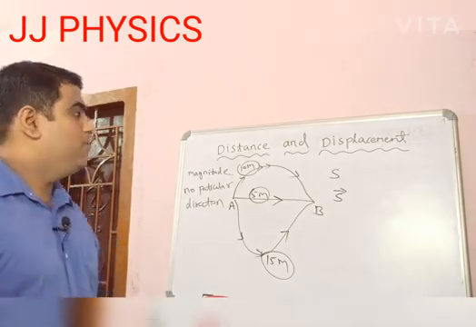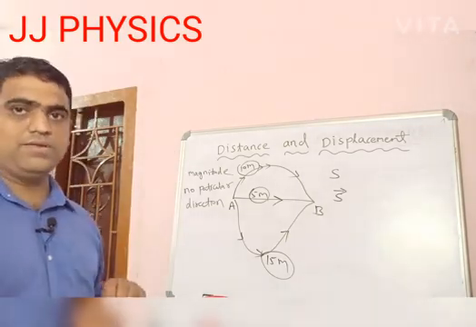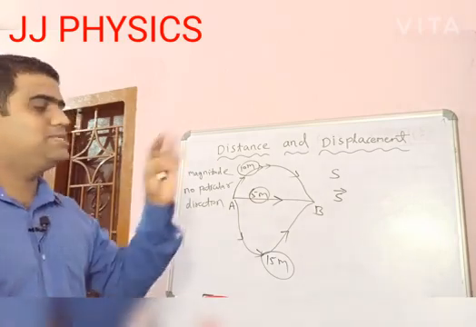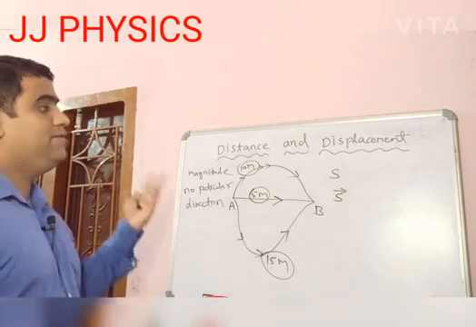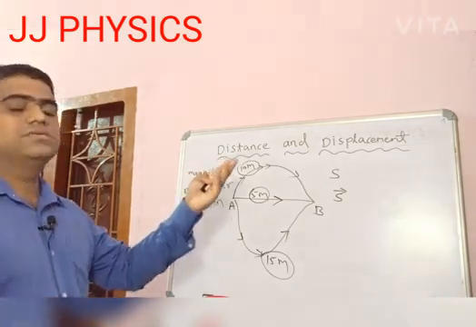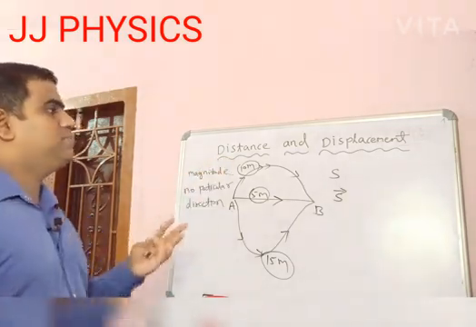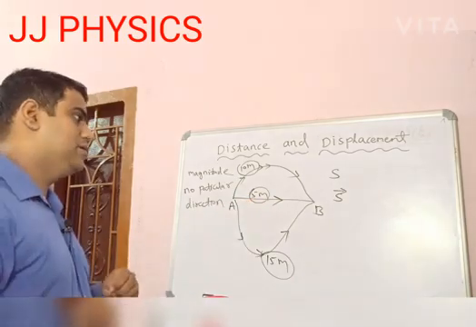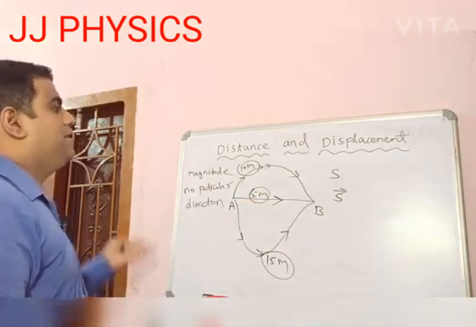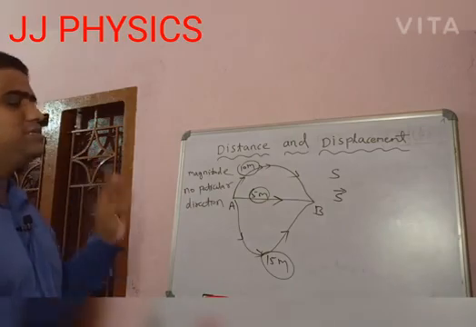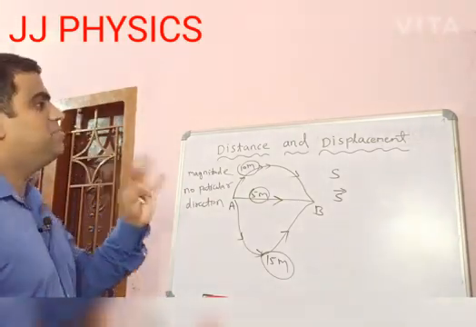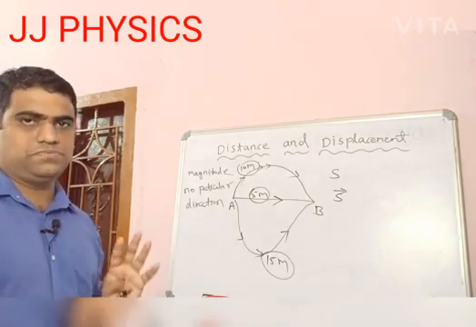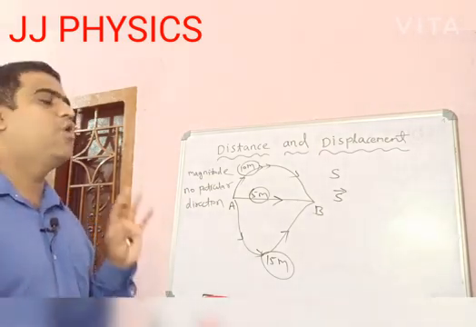Distance is any path traveled by the body from one point to another point, and displacement is the shortest path from one point to another point. Another difference is distance is a scalar quantity but displacement is a vector quantity. Clear? Then another difference is distance is always positive, but displacement is either positive or negative or zero.